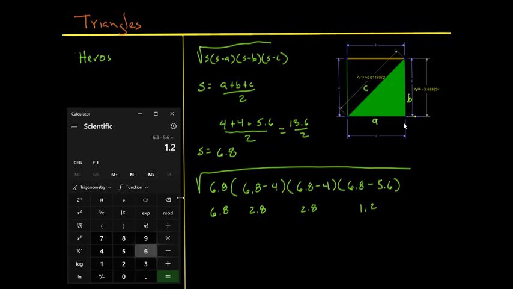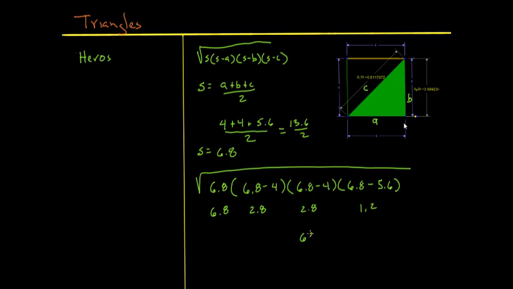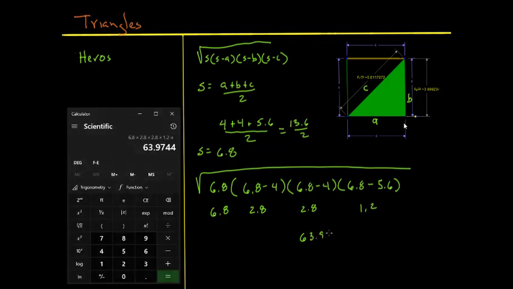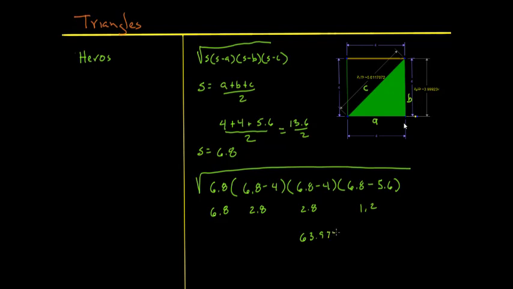We're going to take 6.8 times 2.8 times 2.8 times 1.2. That gives us 63.97. I'll go ahead and stick the 4 on there.